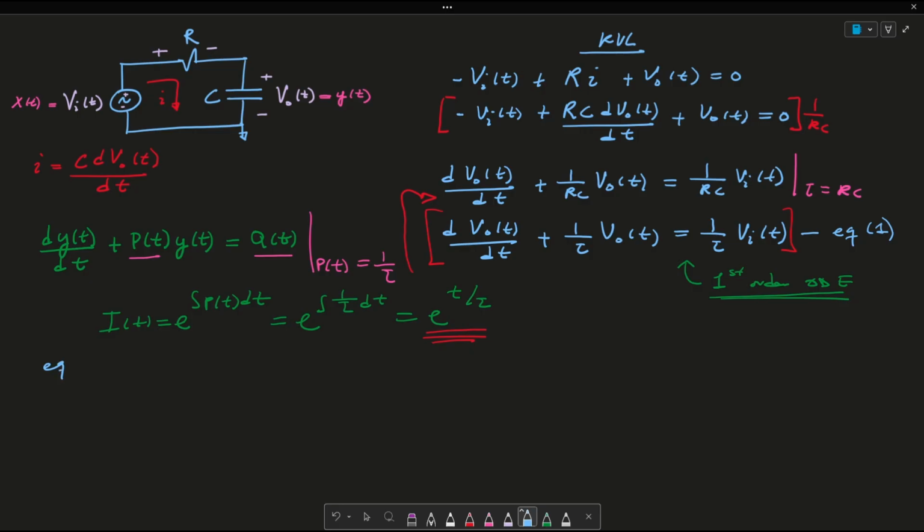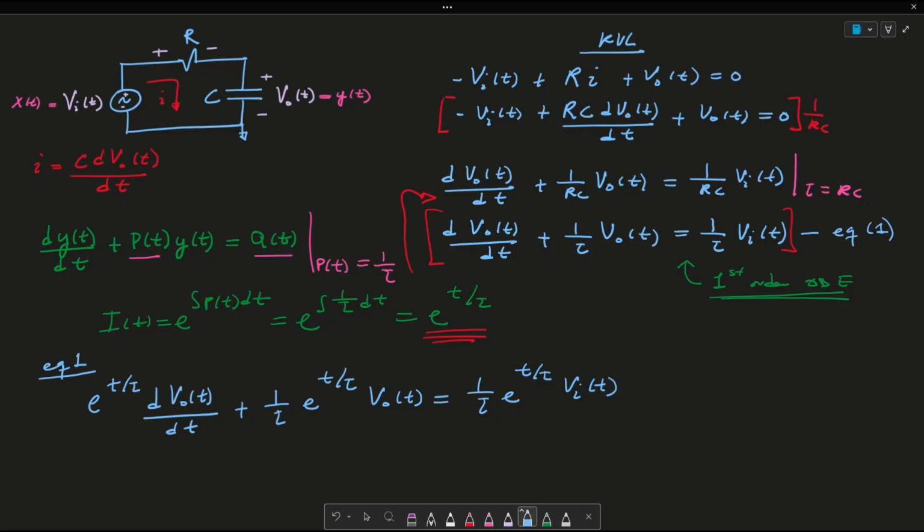So if I rewrite equation 1, I'm left with e^(t/tau) dVout(t)/dt plus 1 over tau e^(t/tau) Vout(t) equals 1 over tau e^(t/tau) Vi(t).